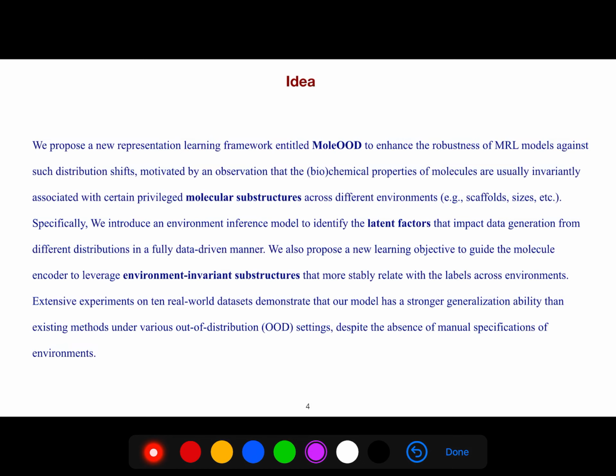We also propose a new learning objective to guide the molecule encoder to leverage environment invariant substructures that more stably relate with labels across environments.